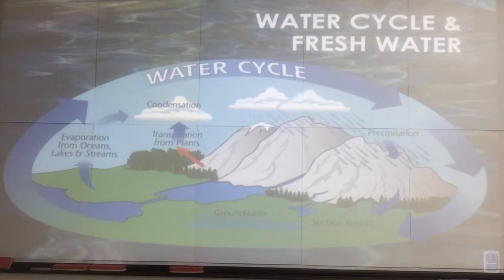So we have evaporation and transpiration, and this is water vapor going up into the atmosphere. When it goes up into the atmosphere, it cools because the atmosphere is much cooler. And when it cools, those particles come back together, or condense, or we have condensation. And in this process, this is when clouds are made.